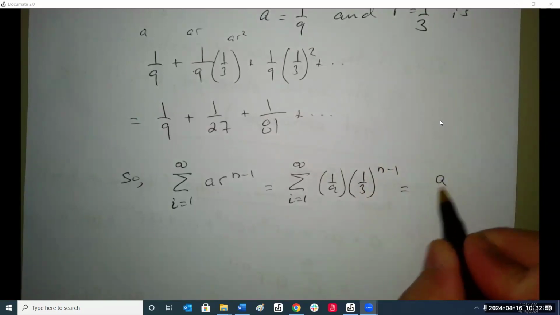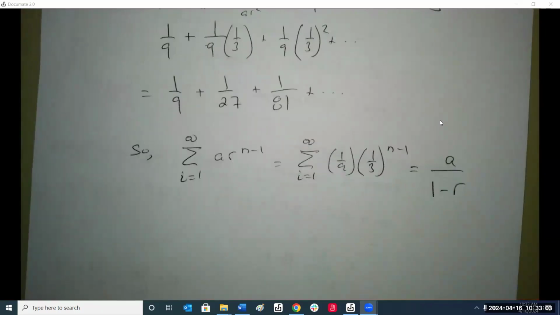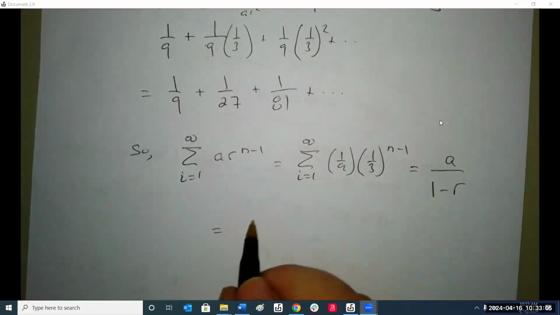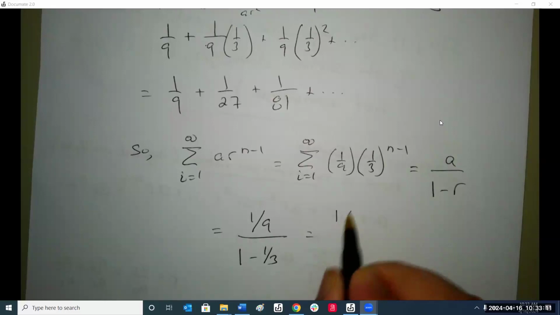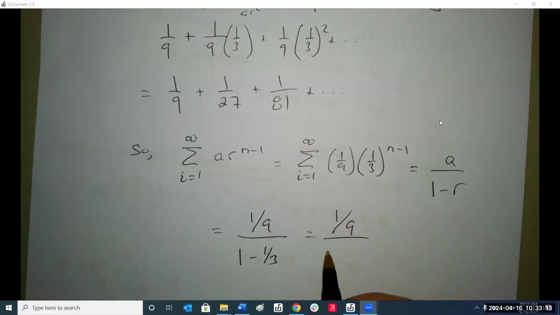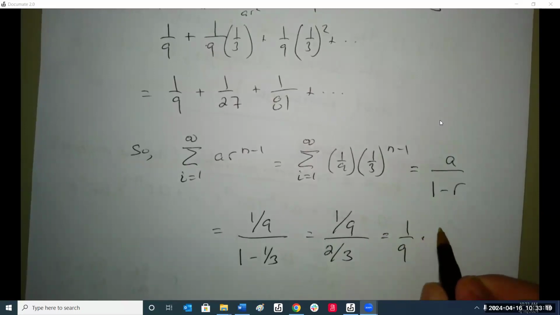That equals A over 1 minus R, which is 1/9 over 1 minus 1/3. Take the top, flip the bottom.